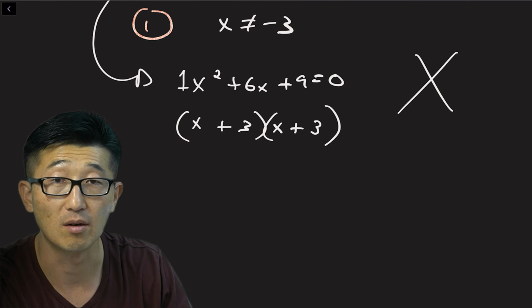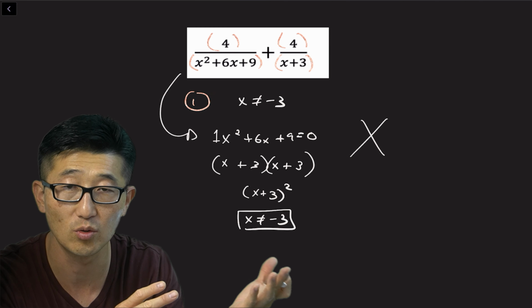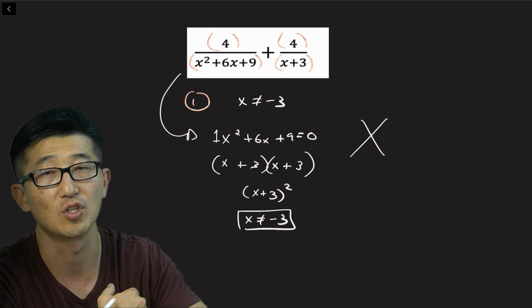And notice they're the exact same factors, x plus 3, so you can write it this way as well. And so obviously, x cannot equal what? -3. That's basically the excluded value for this one. So there's an excluded value for this one as well as this one, and it turns out they're exactly the same. Now again, it's not that it's obvious. Even though it's the same one, you have to go through the procedures to figure this out.